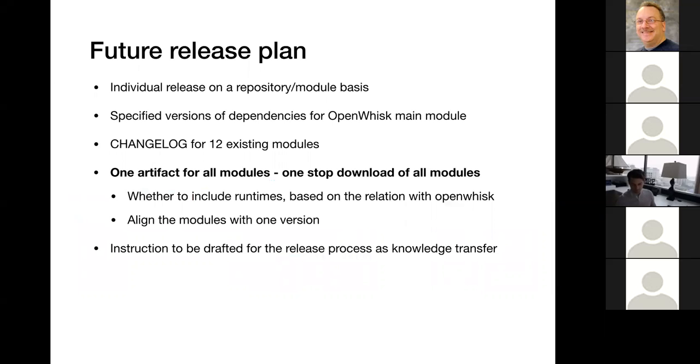In the future, definitely each repository, which we can also call a module, can be released individually, which means anybody can plan on a repository basis, and they may release frequently, or they may release at a slow pace. So that's up to each project.